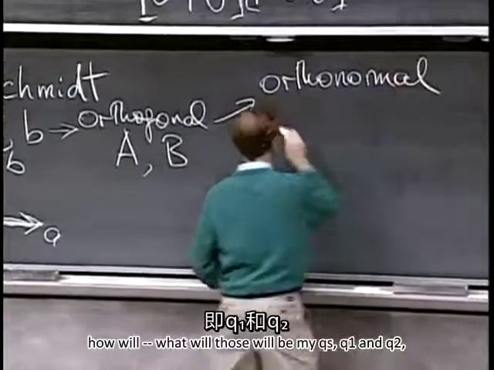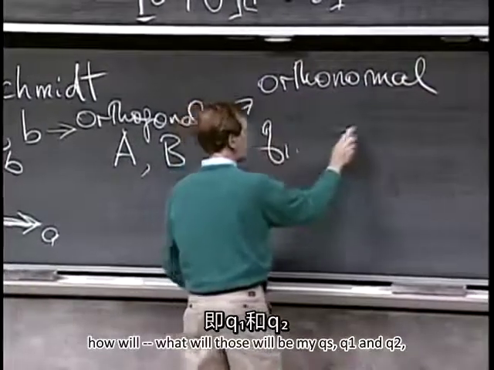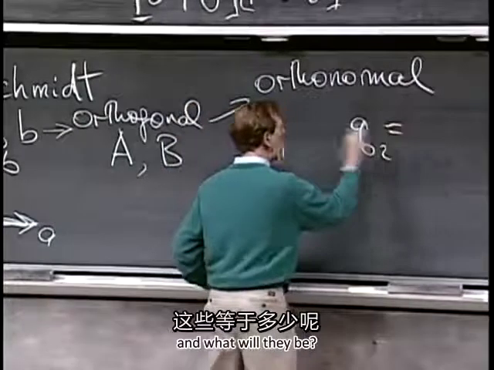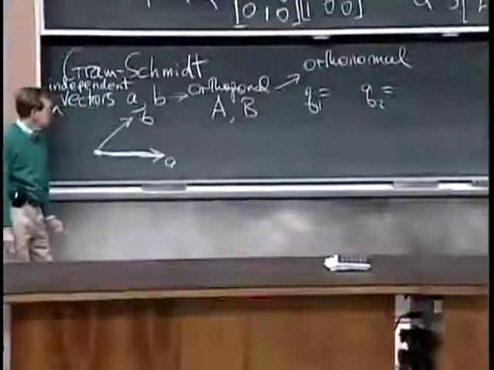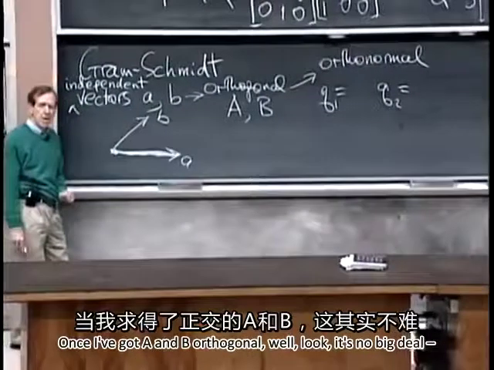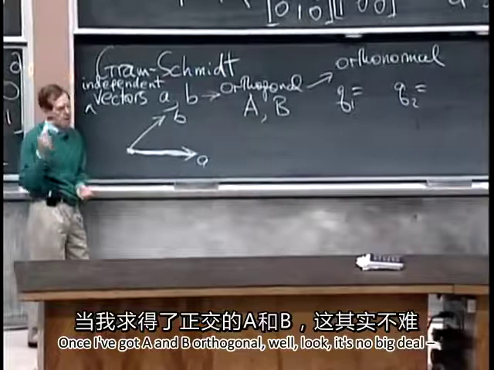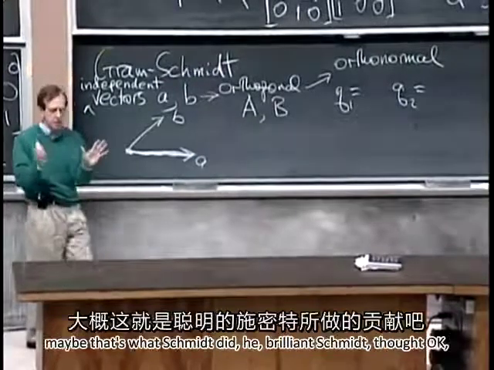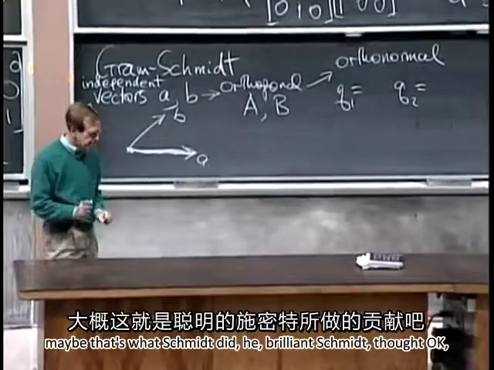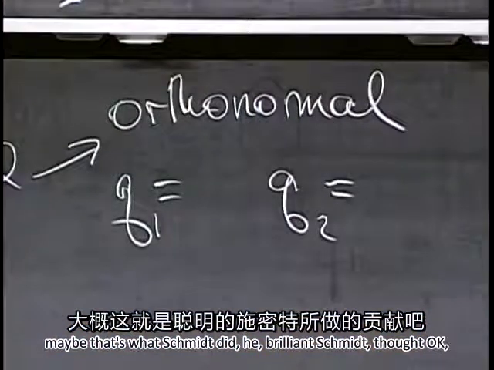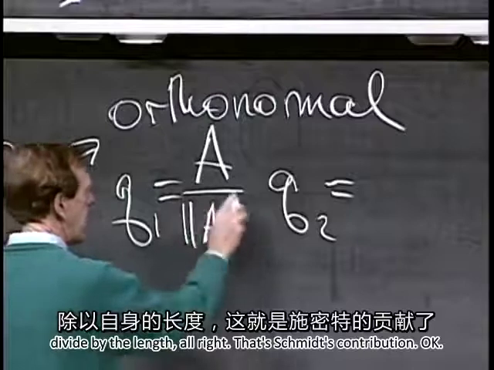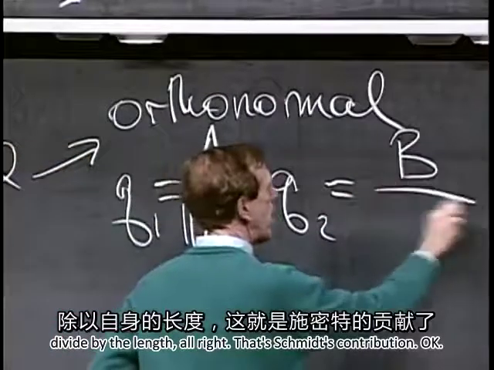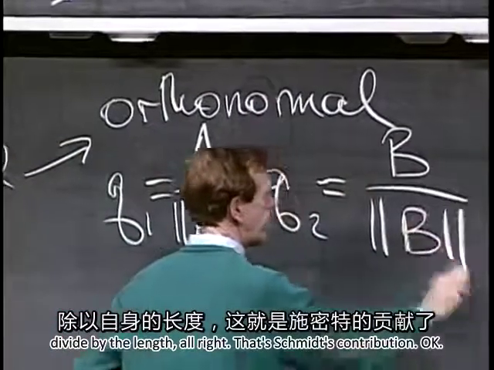Those will be my Q's, Q1 and Q2. And what will they be? Once I've got A and B orthogonal, well, look, it's no big deal. Maybe that's what Schmidt did. Brilliant Schmidt thought, okay, divide by the length. All right. That's Schmidt's contribution.